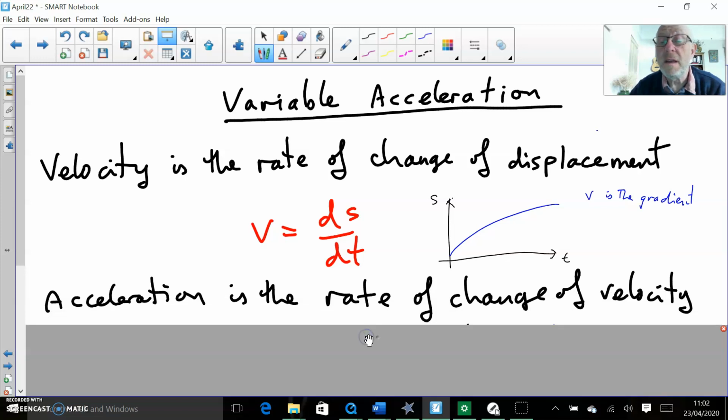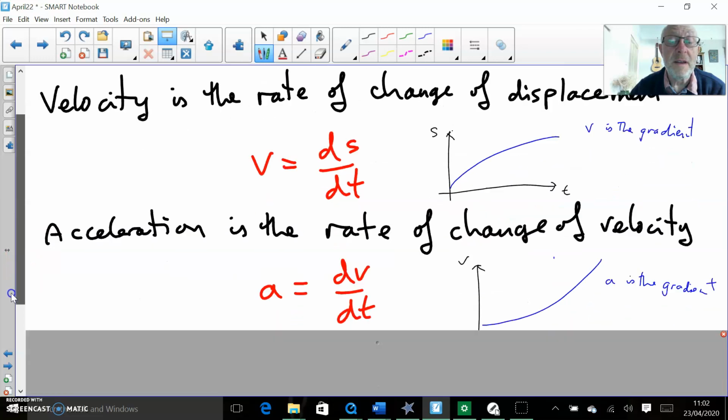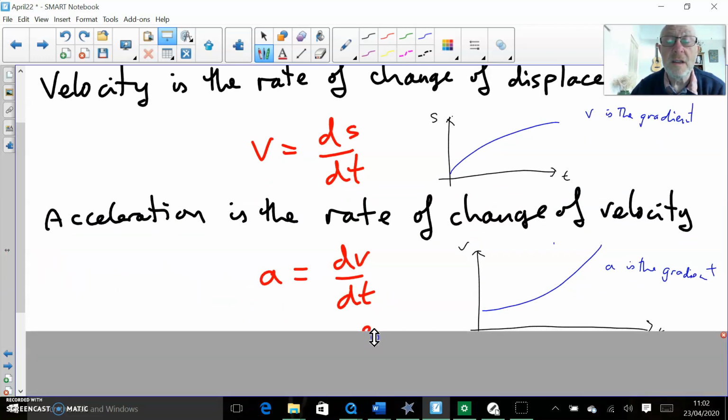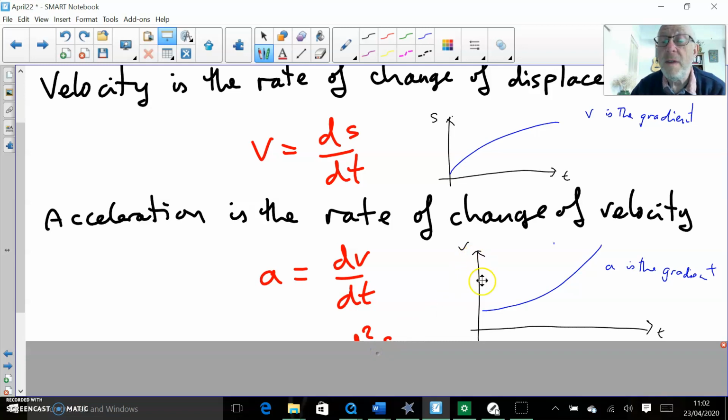Acceleration is the rate of change of velocity. In a similar way, we express the rate of change as dv by dt, the derivative. If you have a velocity-time graph, then the acceleration at any time is the gradient of the graph.